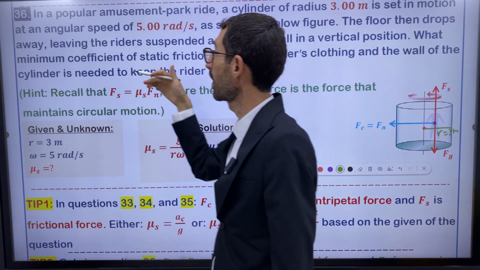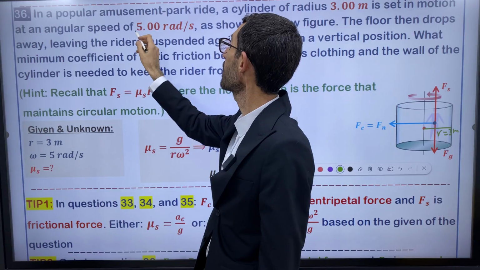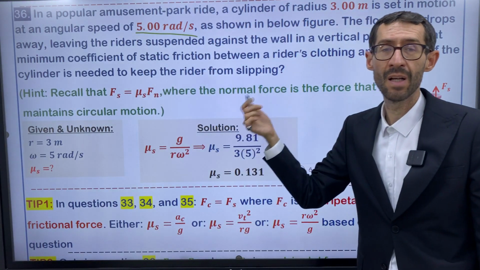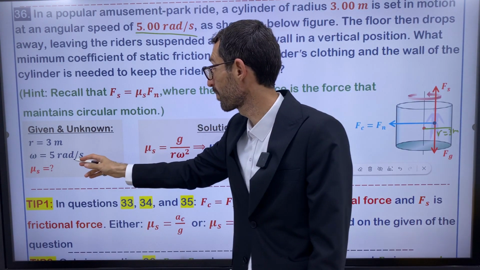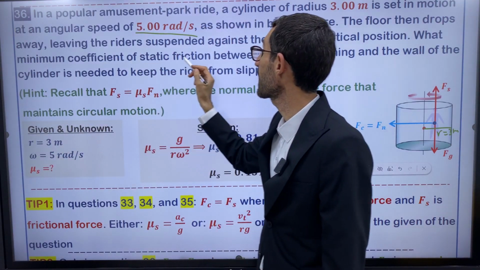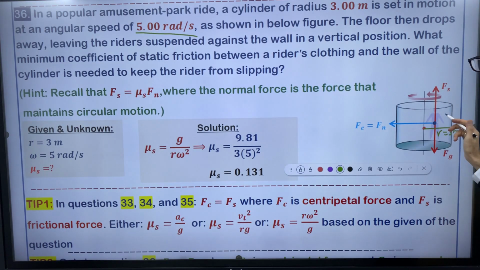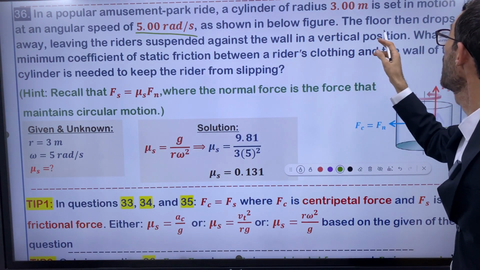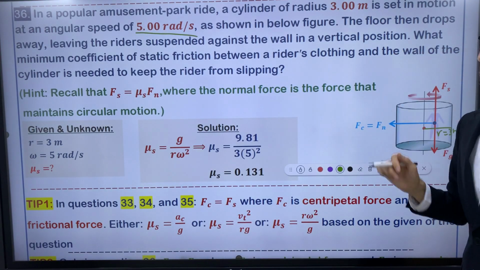It starts its motion at angular speed of 5 rad per second. So omega initial is equal to 5 rad per second. As shown in the figure, this is a participant. The participant enters the cylinder and wants to participate in this ride. It says, the floor then drops away.